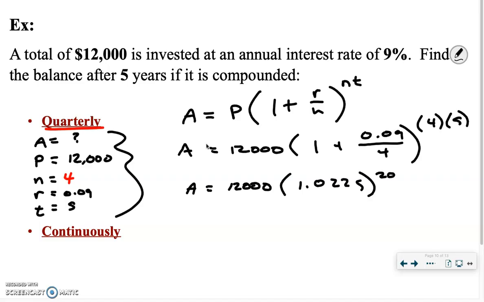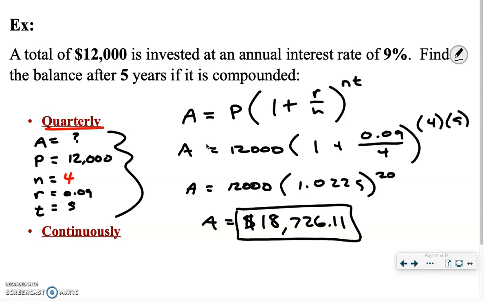I would say they're even more important now. The most common mistake is that people try to multiply these and then raise it to the 20th power. Exponents first, then multiplication. Are we all getting $18,726.11 for compounding quarterly? Did we all get that?